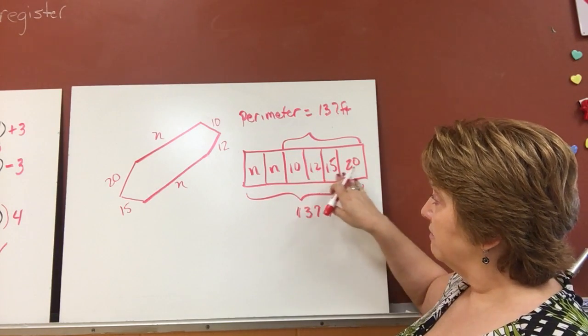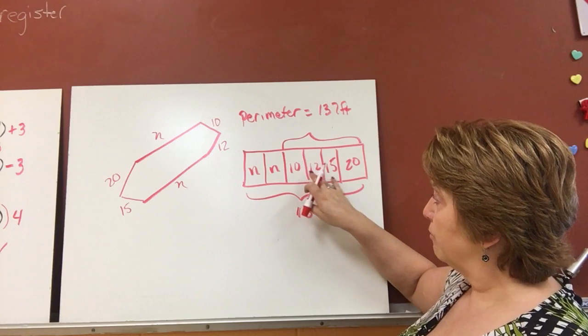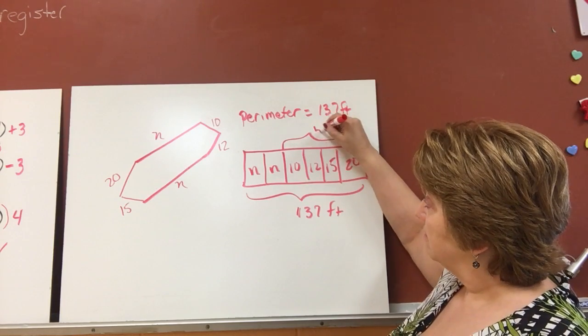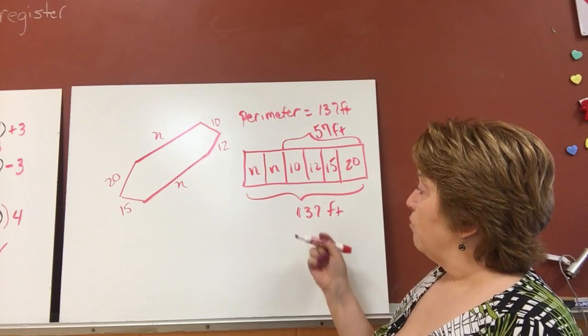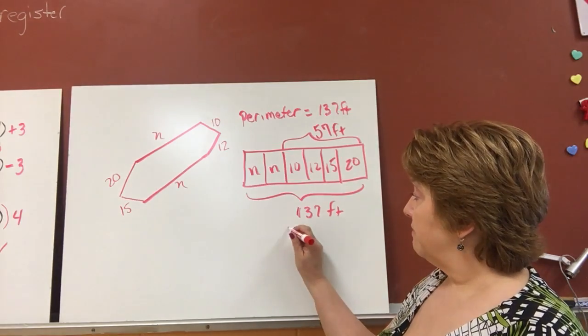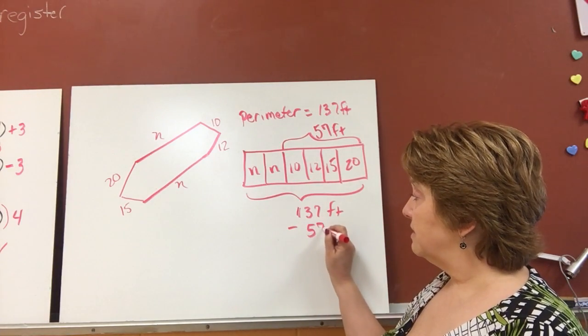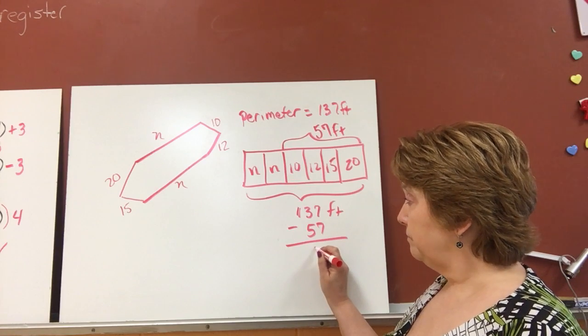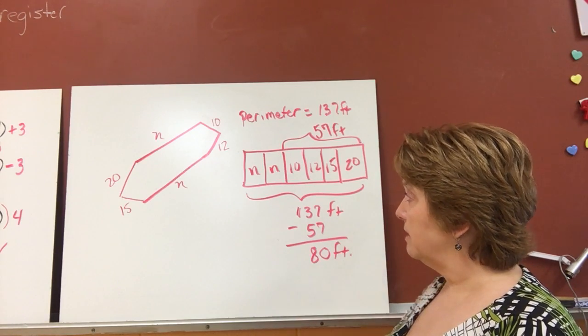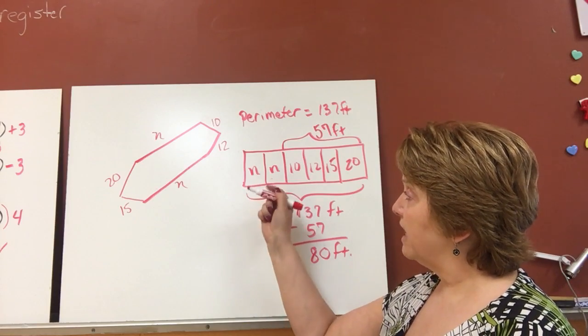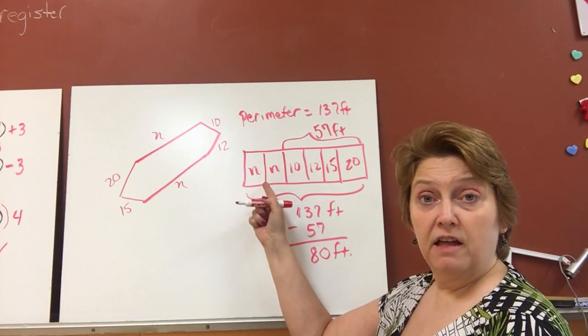So if we add all of these up, 20, 30, 40, 57, this is 57 feet. We know that if we take 137 and subtract the 57 feet, we end up with 80 feet remaining, correct? So these would have to be the 80 feet that are left over.